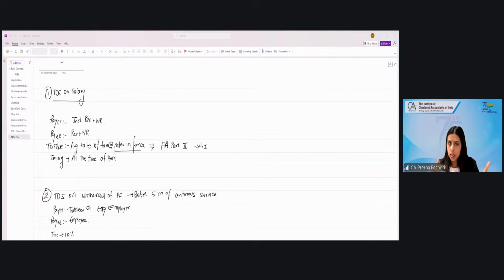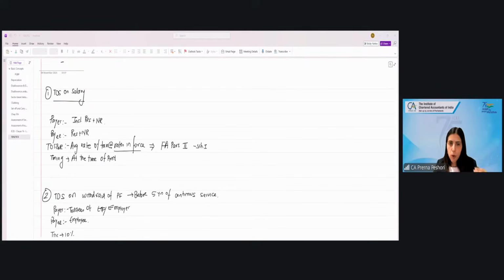In case of claim of leave travel concession, they have to obtain the evidence of the expenditure for the train tickets. If there is deduction of interest against the house property, then they have to obtain the name, address and PAN of the lender of the loan. For deduction under Chapter 6A, they have to obtain the evidence of the investment or the expenditure. Right?